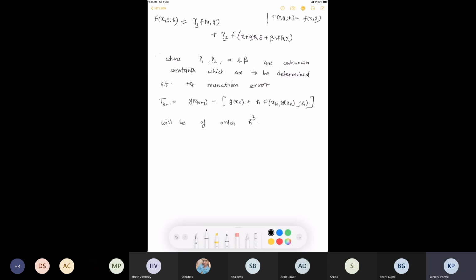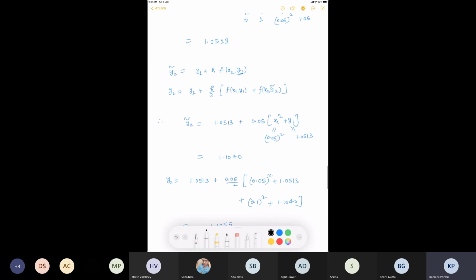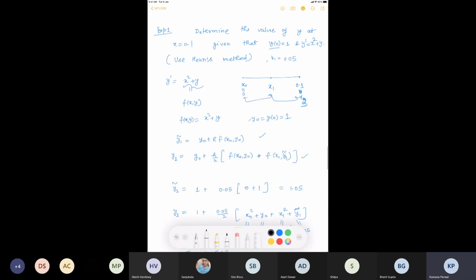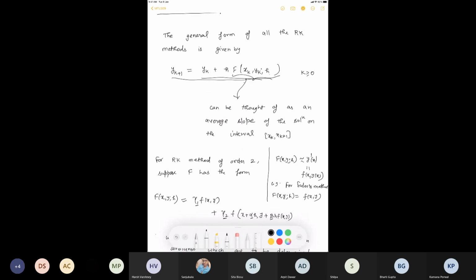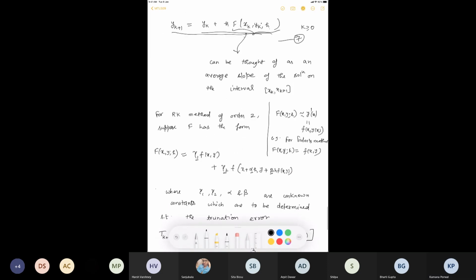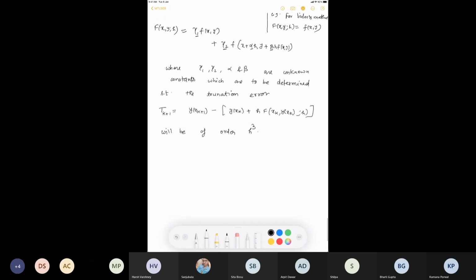Is it okay? Okay, so let's give them the equation numbers. So 6, 7, 8. And this is going to be 9.